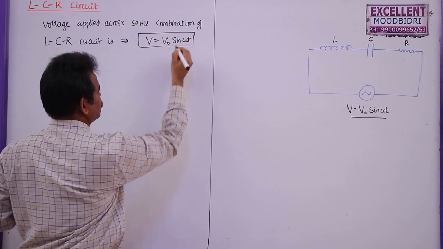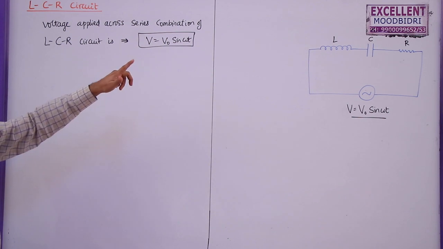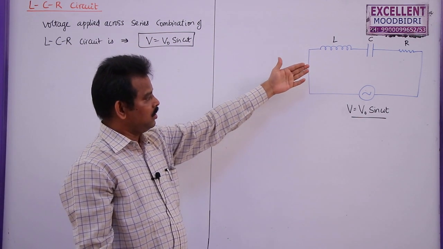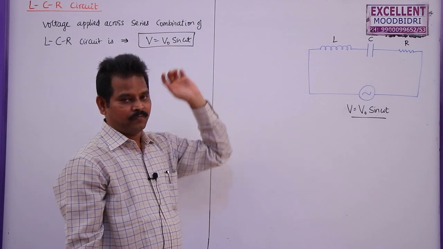So this equation gives the same meaning. Now, we know that in a pure inductor circuit EMF leads, in a pure capacitor circuit the current leads, but in a pure resistor circuit both EMF and current are in the same phase.